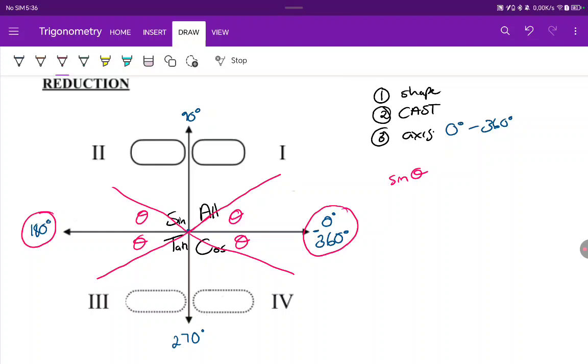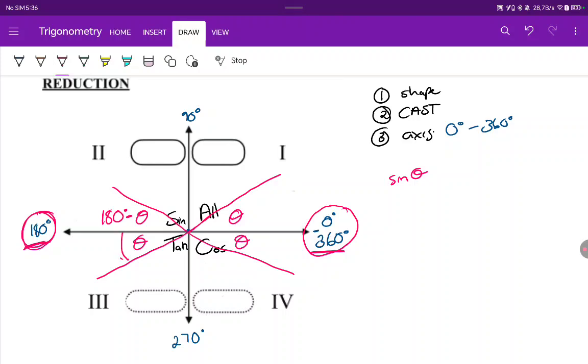The first thing I want you to notice is, remember, we're just using the x-axis at the moment. Using the x-axis, we can say in quadrant 1, it's sine of theta. In quadrant 2, it's actually 180 degrees minus theta, if that makes sense to you. So instead of just putting theta down, I'm now going to label this as 180 minus theta.